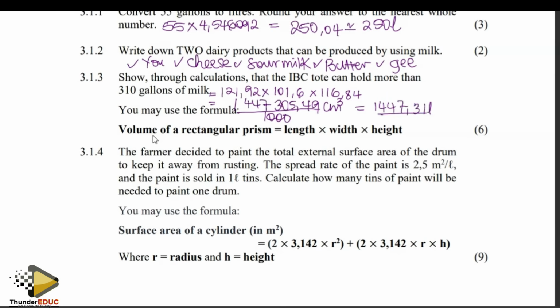These now are liters. But we want to change them to gallons. So we divide by 4.54609, and the answer became 318. These are gallons. Remember, they're saying show.